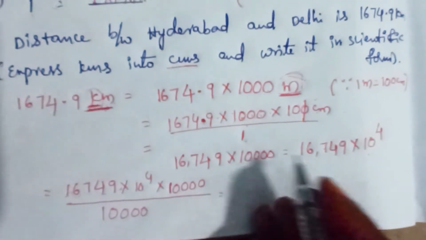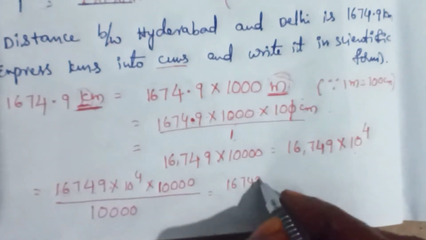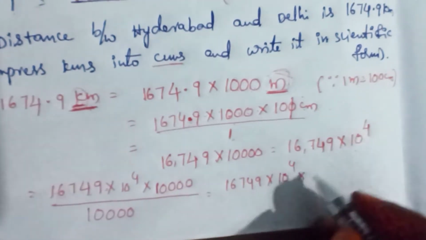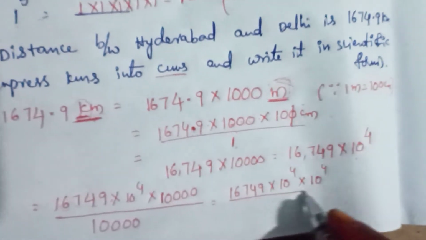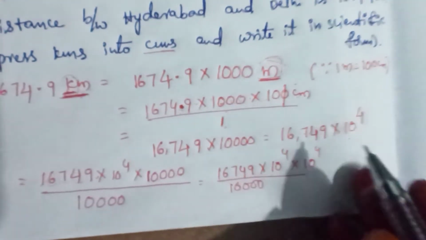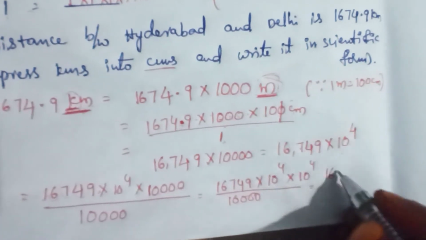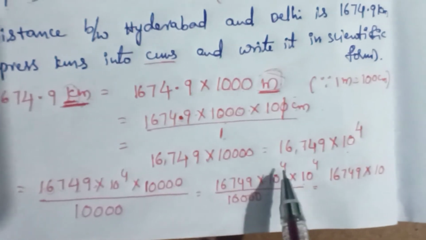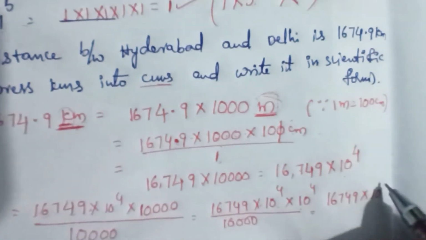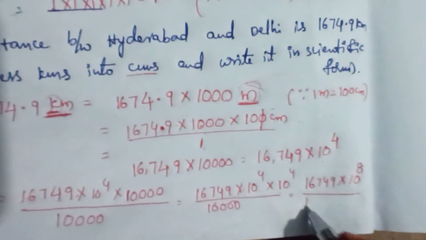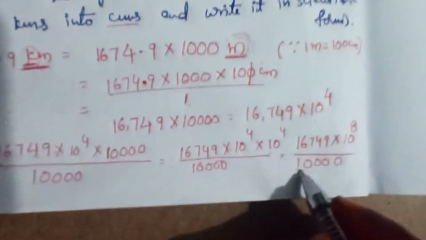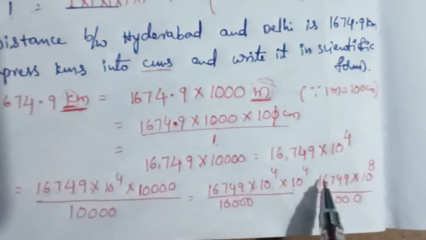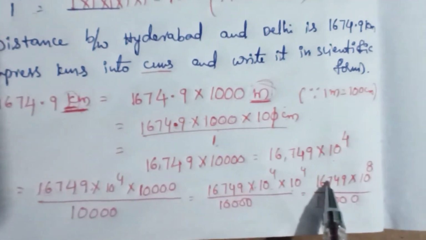16,749 into 10 power 4 into 10 power 4 by 10,000, that is equal to 16749 into, here bases are equal, so we can add these two exponents, you get 8, by 10,000. Here how many zeros do we have? 4 zeros. So the decimal point moves from this place to this place, 1 2 3 4.